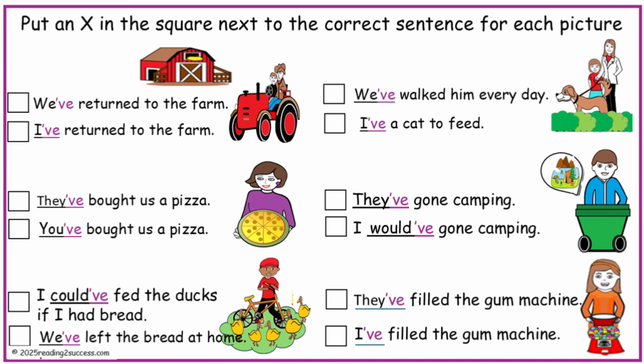Have kids put an X in the square next to the correct sentence for each picture. Before they begin, review the first example with kids.